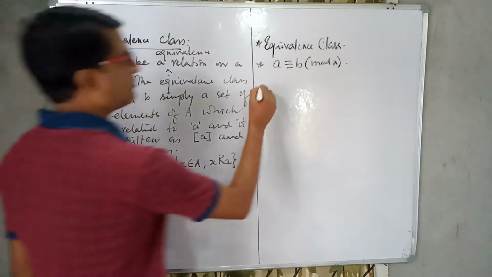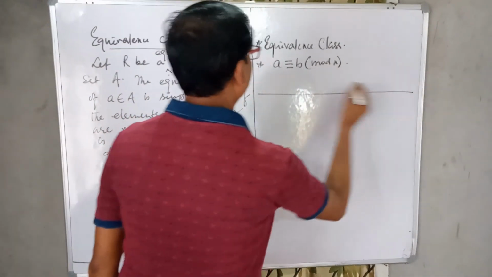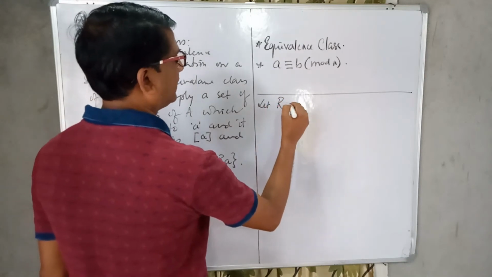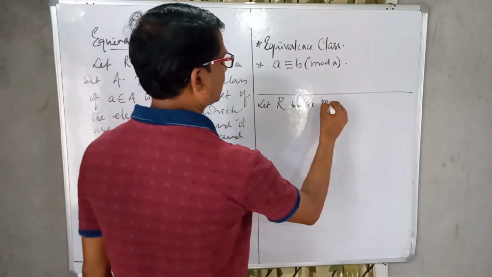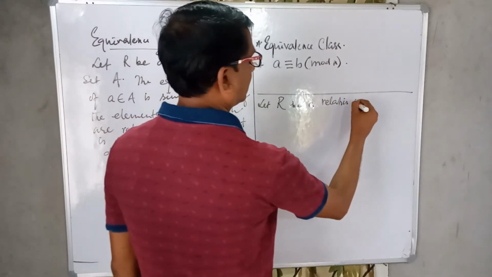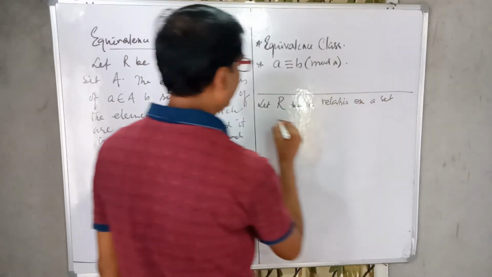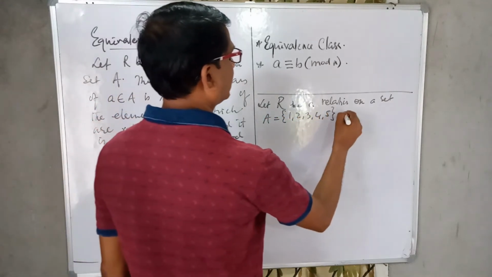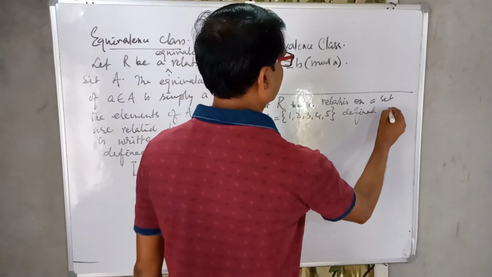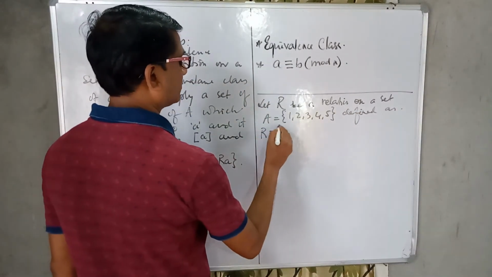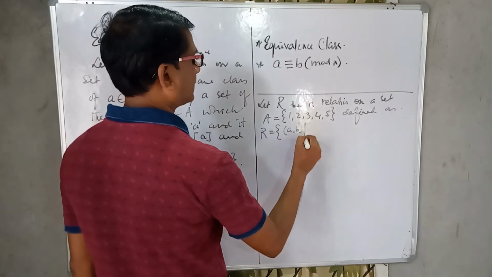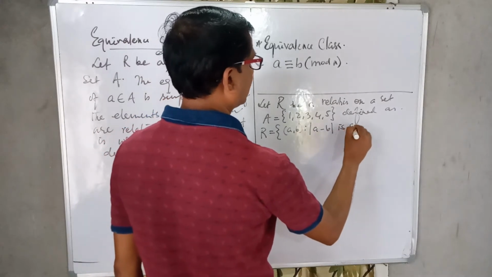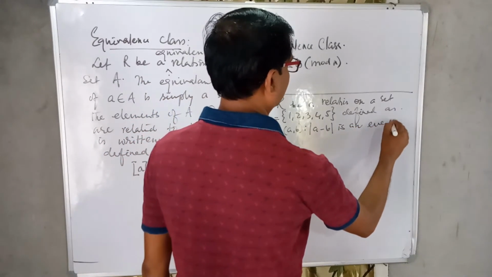Now see an example, then it will be clear. Let R be a relation on a set A equal to {1, 2, 3, 4, 5}, defined as R equal to (a, b) such that modulus of a minus b is even.